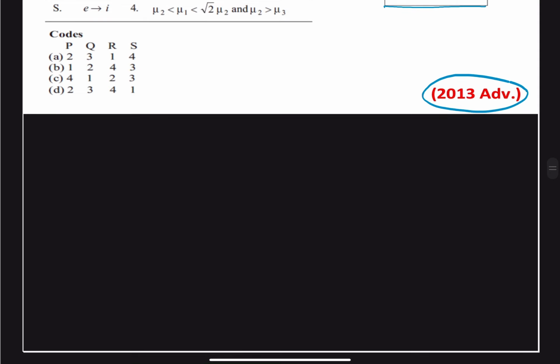So let us say that we are given that light ray, which is our E, it enters the rectangular block normally.